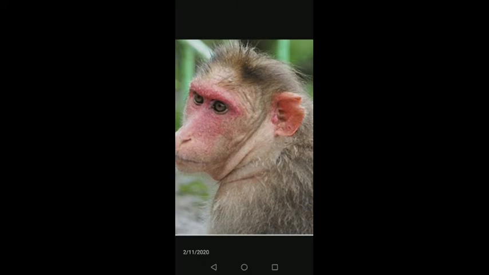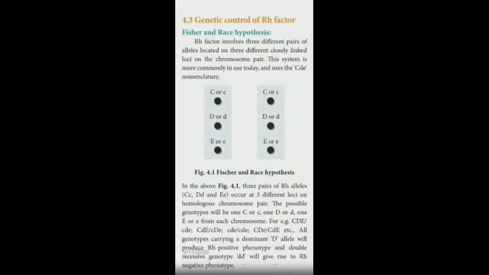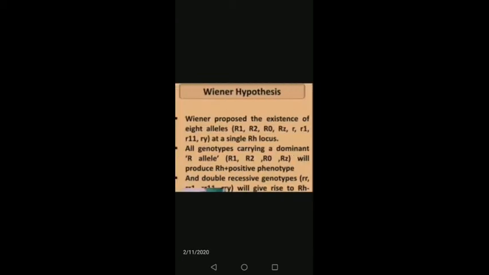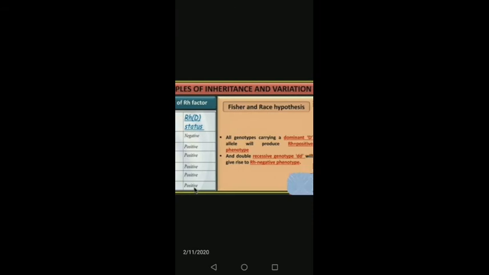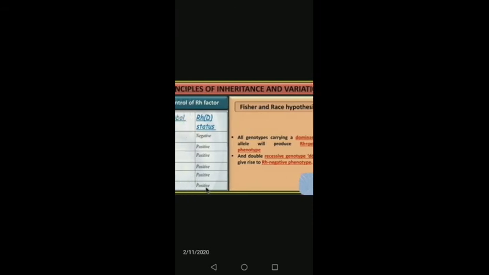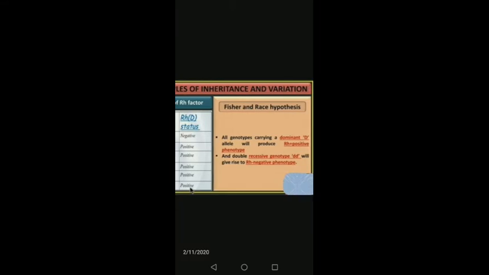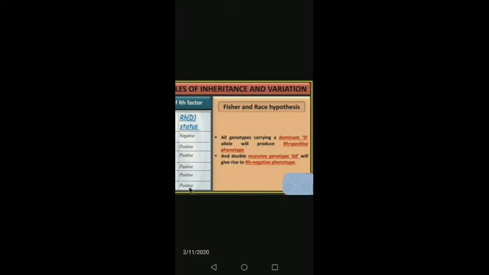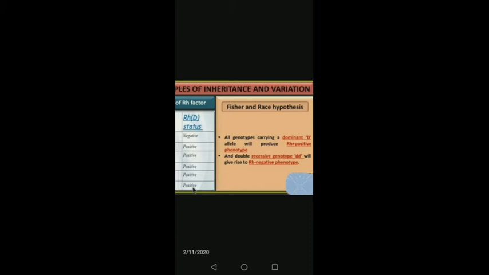The next one, genetic control of Rh factor. Here we are going to see the Fisher and Race hypothesis. Fisher says all genotypes carrying a dominant D allele will produce the Rh positive phenotype, and the double recessive genotype dd will give rise to the Rh negative phenotype.